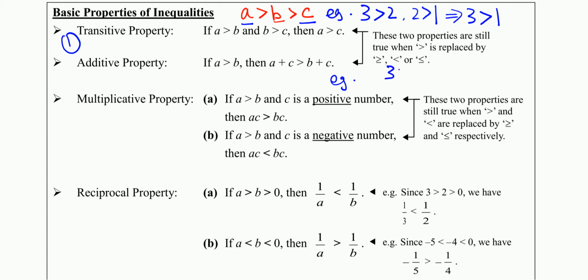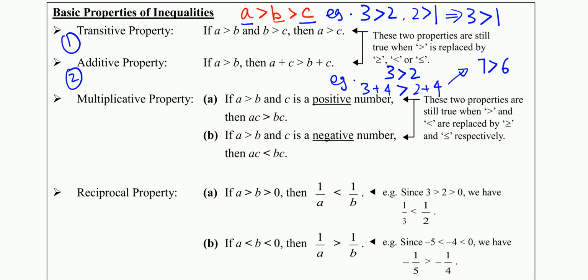As you know, 3 is greater than 2, so 3 plus 4 is greater than 2 plus 4, and you know 7 is greater than 6. So for the first two properties, you can just try to put in some values and try to understand the properties.